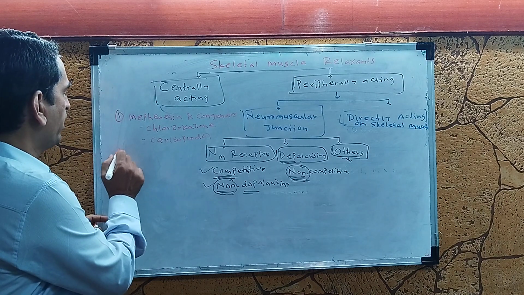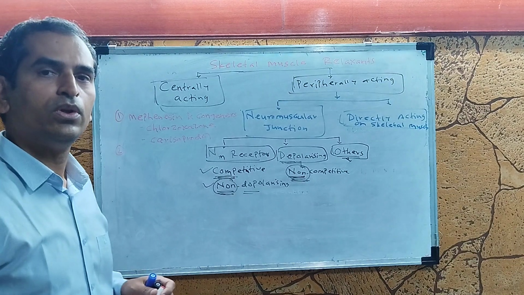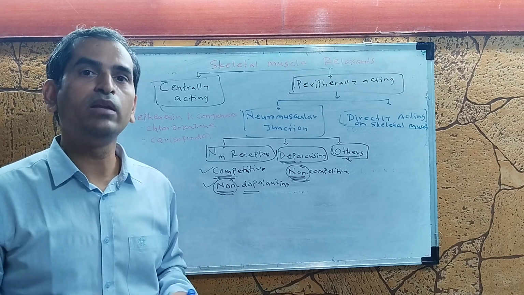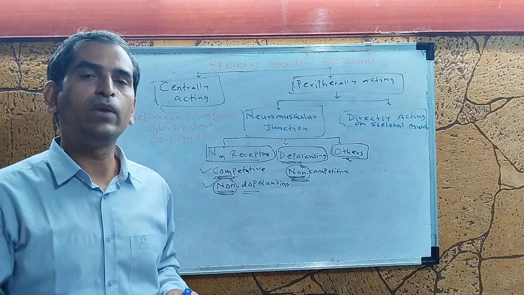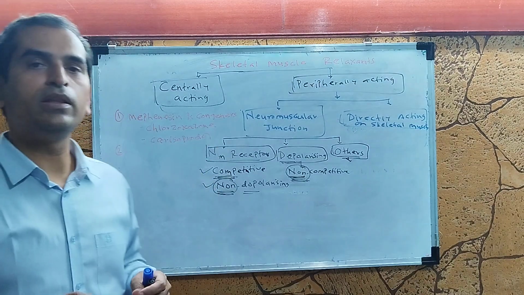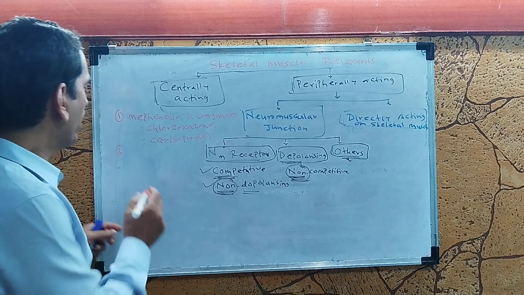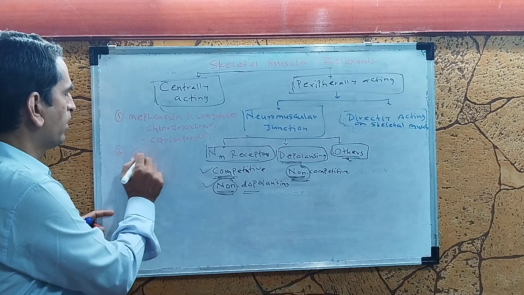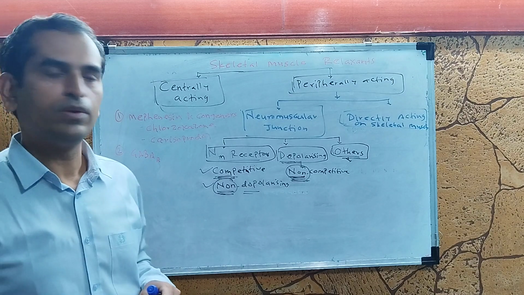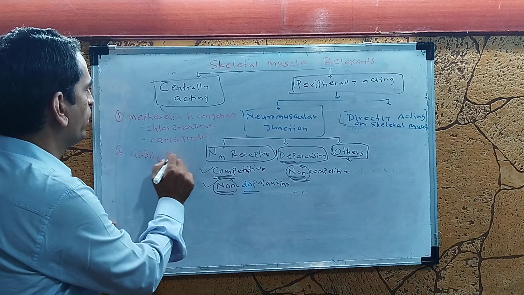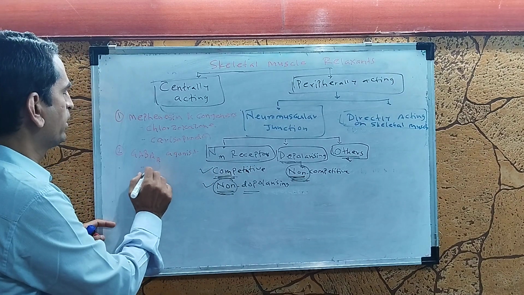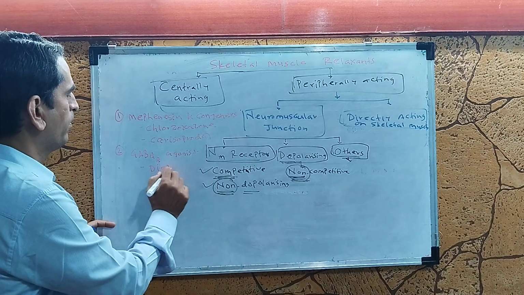The second category in centrally acting muscle relaxants: GABA, gamma aminobutyric acid, is an inhibitory neurotransmitter. So when the level or the action of GABA is increased, that results in muscle relaxation. So we have the GABA A type of receptor agonist, and an example of a GABA A agonist is diazepam.